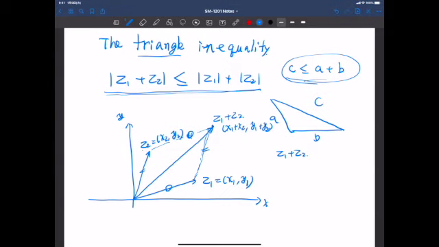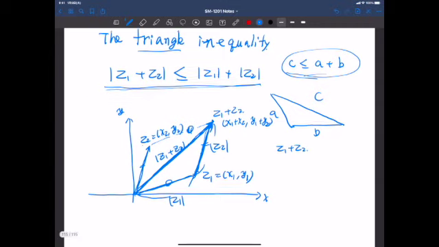The length of this is the modulus of z2, and this length is the modulus of z1, and the length of this sum is the modulus of z1 plus z2. So this is the triangle inequality: the sum of this and this is greater than or equal to this length.